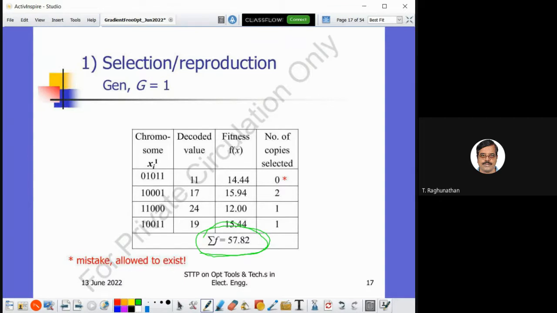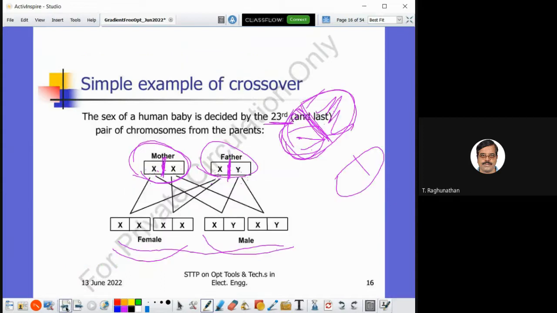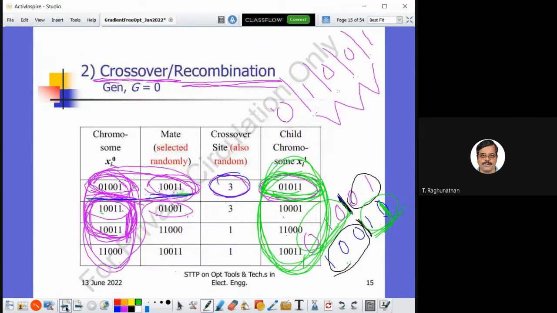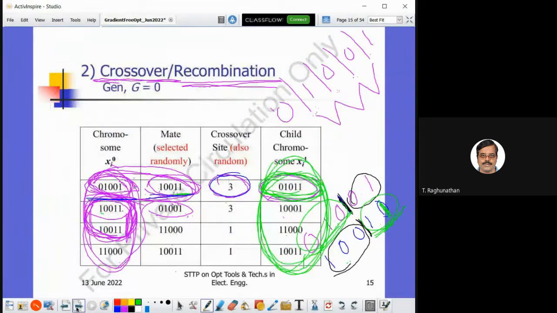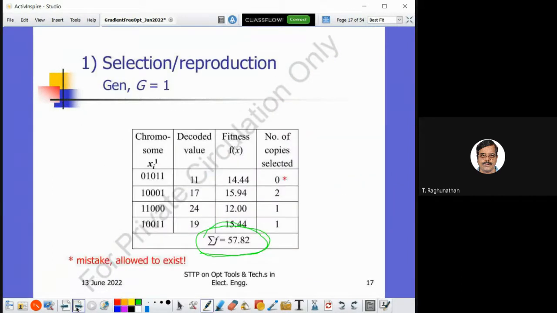Which means we have actually improved the fitness by producing children, and not blindly producing children, but by eliminating the weakest from the mating pool. If you eliminate the weakest from the mating pool and have only fitter individuals in the parent population, then children will be fitter. Okay, so that is how we have produced fitter children.